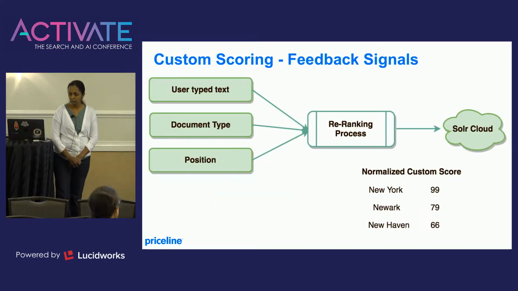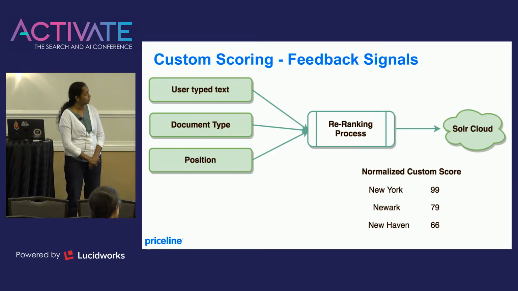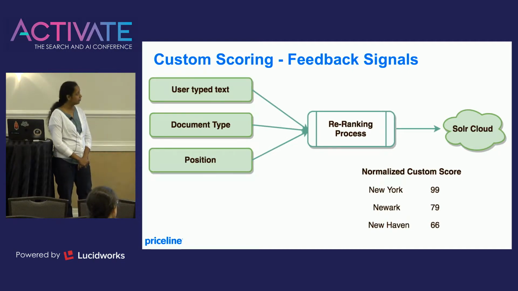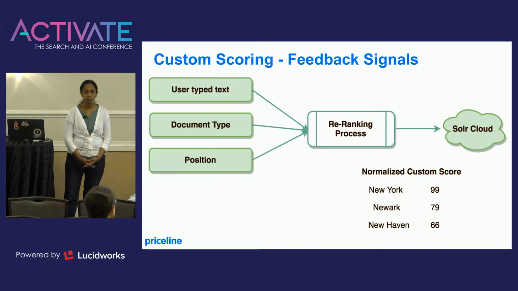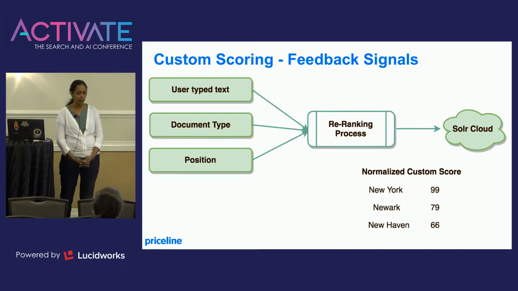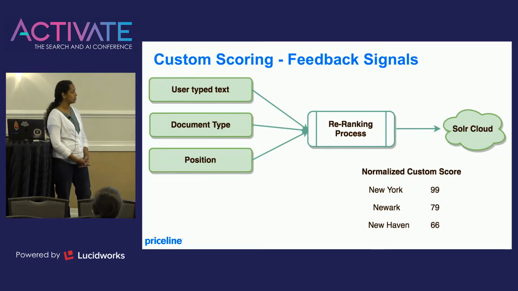These are the signals that are fed into the ranking process: whatever the user typed and picked from the suggest bar, and the document type. There are many types of documents: point of interest documents, airports, cities, zip codes, and so on. Each is weighed differently in the re-ranking process.